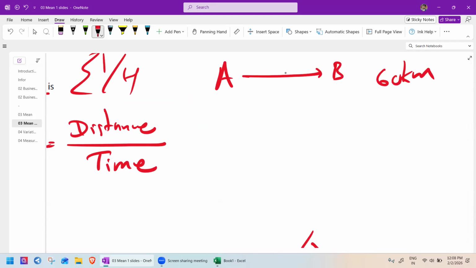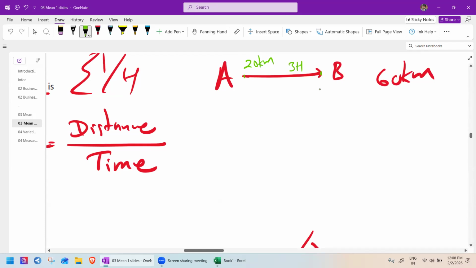A to B. If a driver travels 20 kilometers per hour, how long does it take to arrive at point B from A? How many hours? 3 hours. Very good.